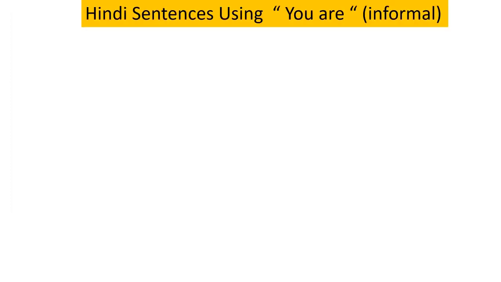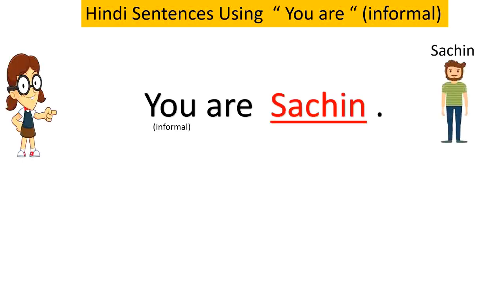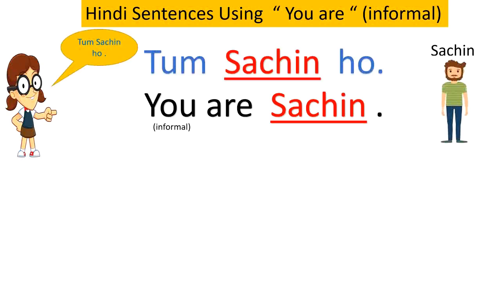Let us take one English sentence using you are in an informal way. You are Sachin. In Hindi, Sachin will go in between tum and ho. The sentence will be tum Sachin ho.